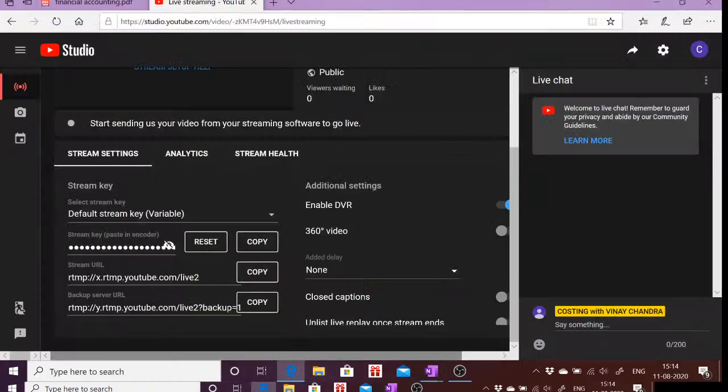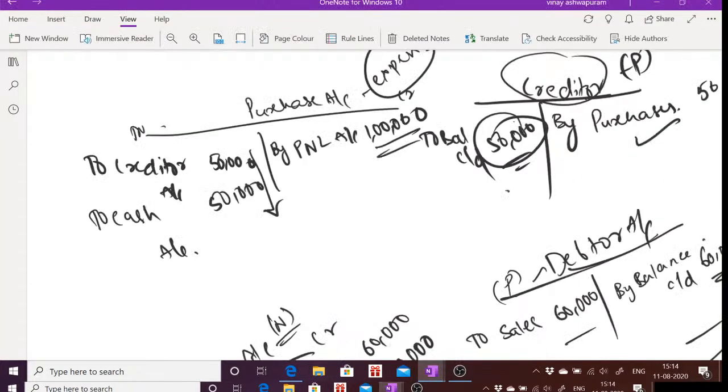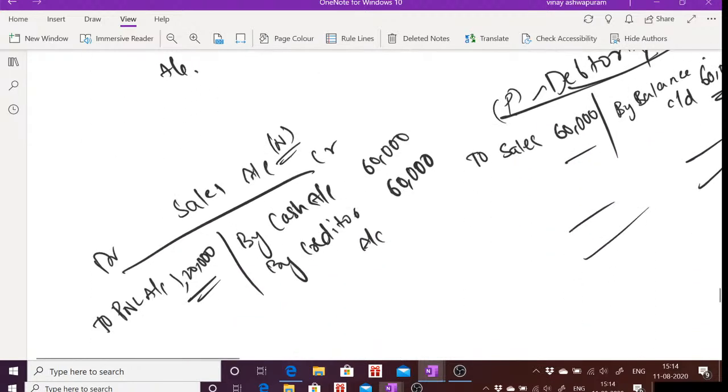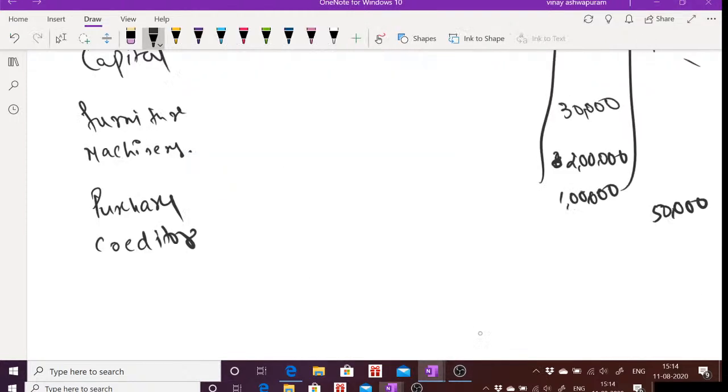Then next, write down, sorry, sales showing credit side is more. Then write down sales 1,20,000.